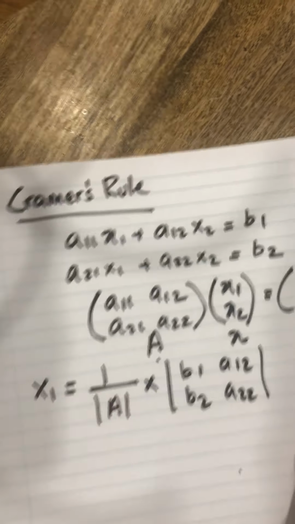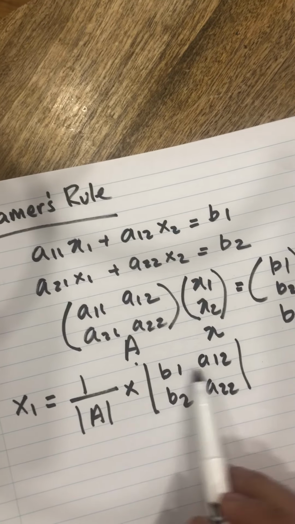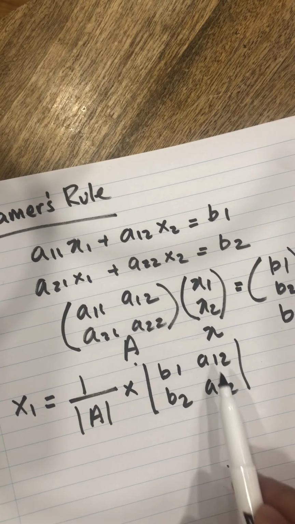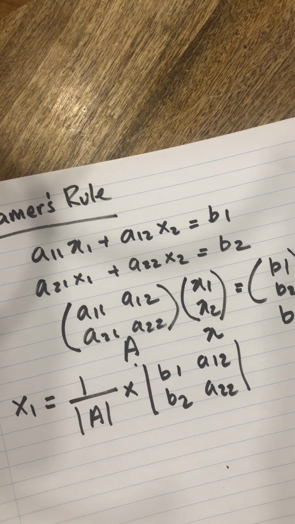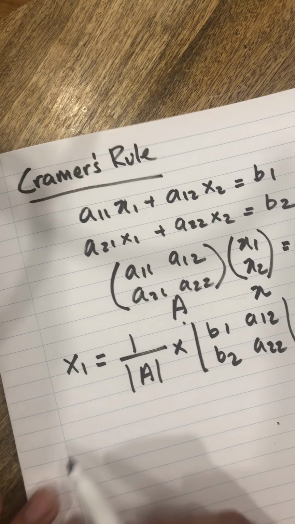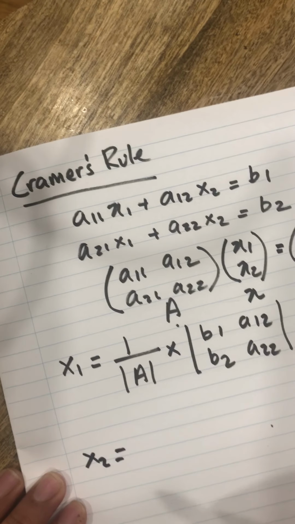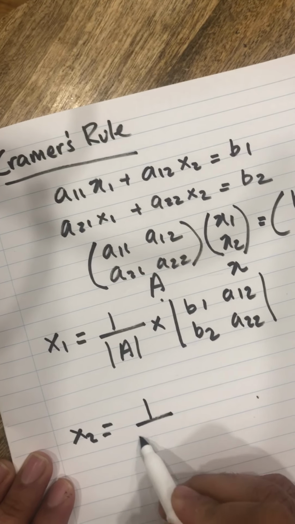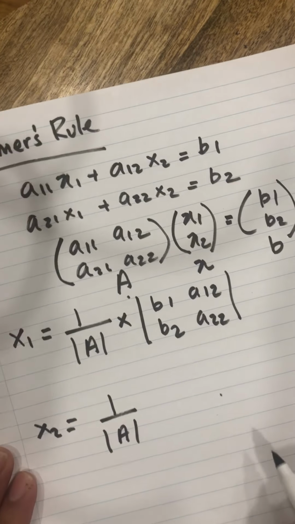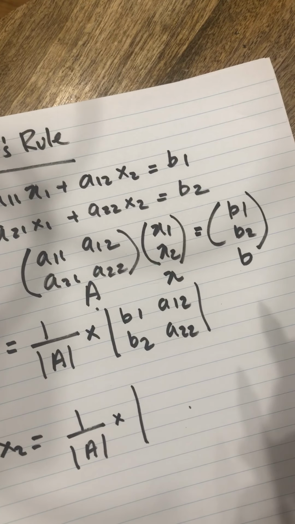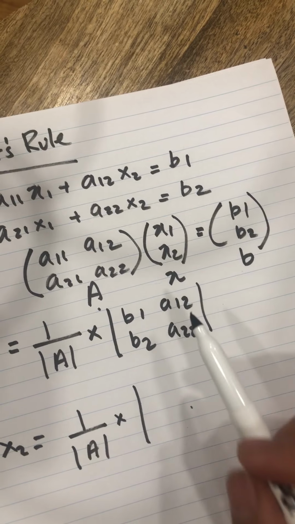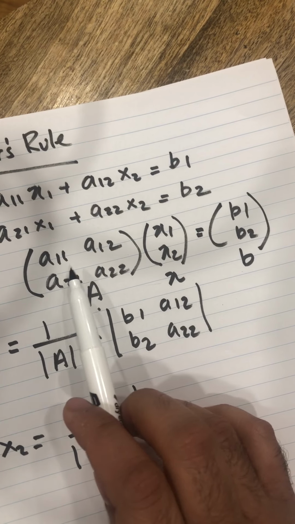Cramer's rule says if you solve this expression here, you can find the value of x1. And x2 will again be 1 divided by the determinant of A into the determinant of another matrix.